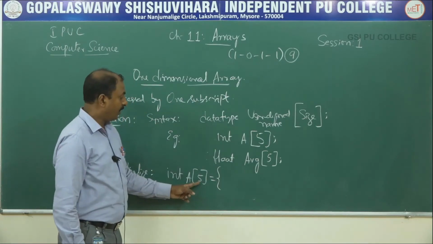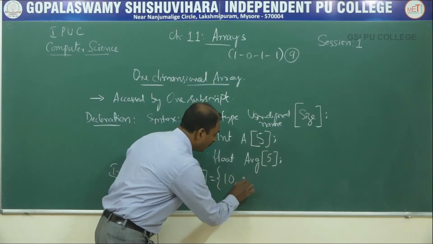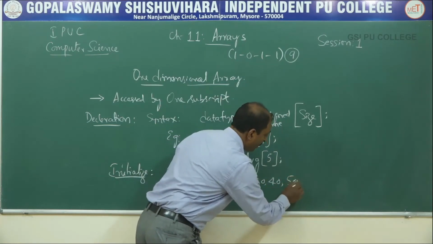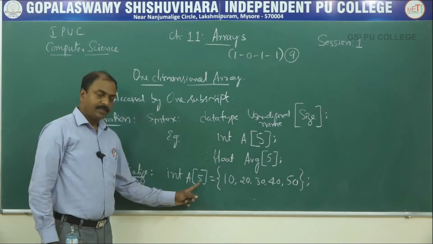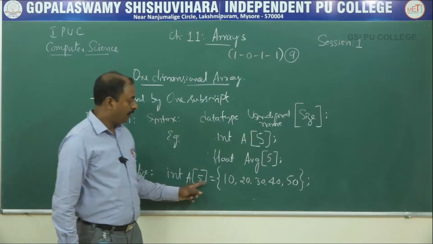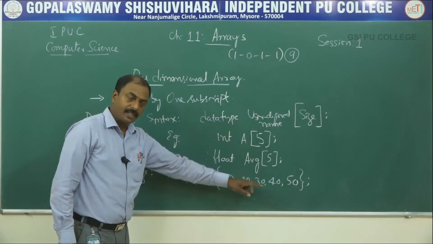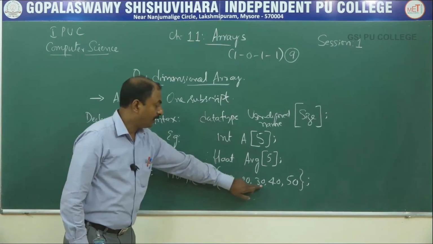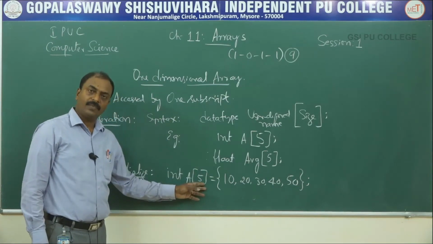We use the curly bracket and enter the values, for example 10, 20, 30, 40, 50, close the bracket with semicolon. In this example, size is 5, the name of the array is A, and it holds only 5 values. Comma is the delimiter. So here 10, 20, 30, 40, 50, there are 5 elements. This is how we initialize the values.